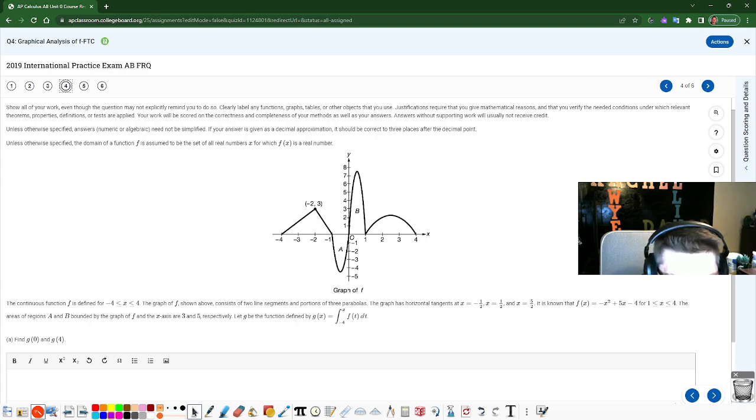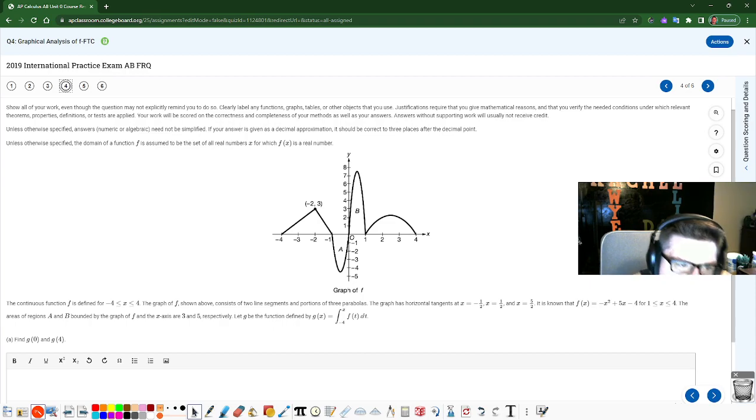Or 3 and 5 respectively. Okay, so they tell us that the A section is a 3, and they tell us that the B section is a 5. The graph has horizontal tangents at negative 1/2, 1/2, 5, or 2. It is known that f of x equals this from 1 to 4. Okay, so they're just giving you different pieces.